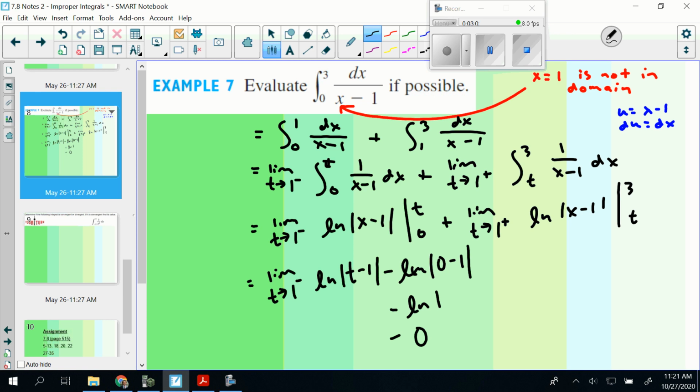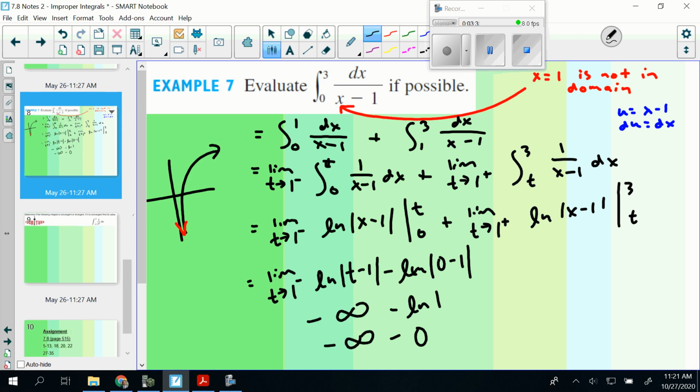On our other side, if we put 1 from the left there, 1 minus 1 is 0. So what are we going to get as we do natural log of 0 approaching from the left? Well, we know from looking at the graph of natural log before that this is approaching -infinity, and so here we get -infinity.